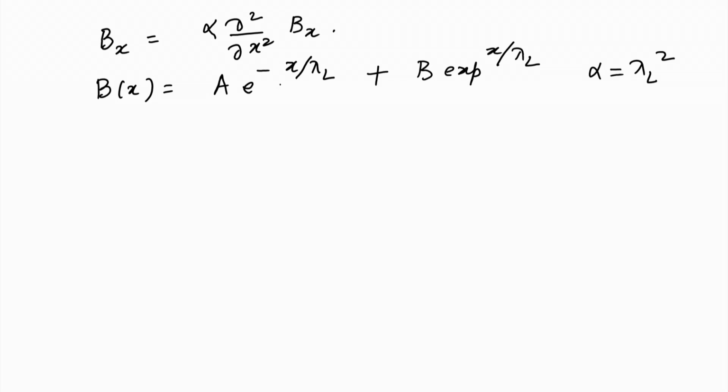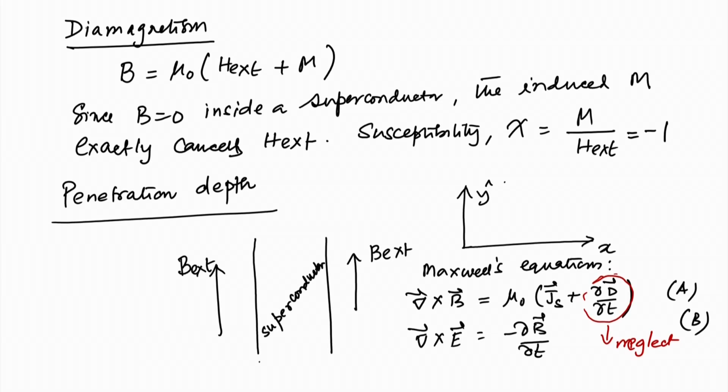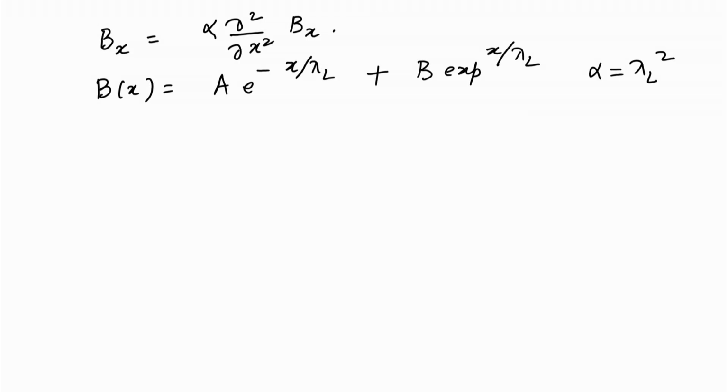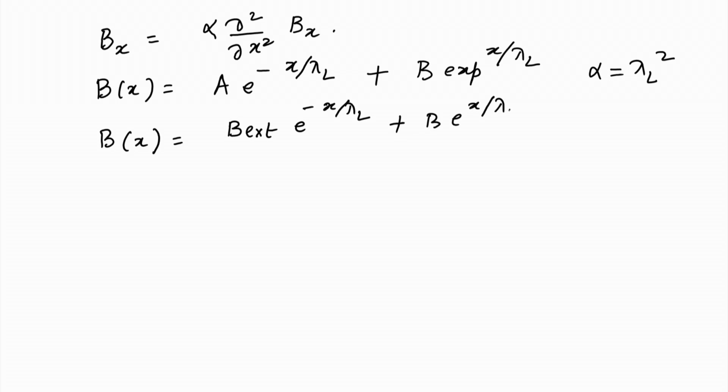So, this superconductor is say from 0 to some d, that is the width of the superconductor. In that case, at x equal to 0, B is equal to B external. So, this can be written as B of x equal to B external exponential minus x over lambda_L plus B exponential x over lambda_L, and of course, the second term will blow up as x becomes large.